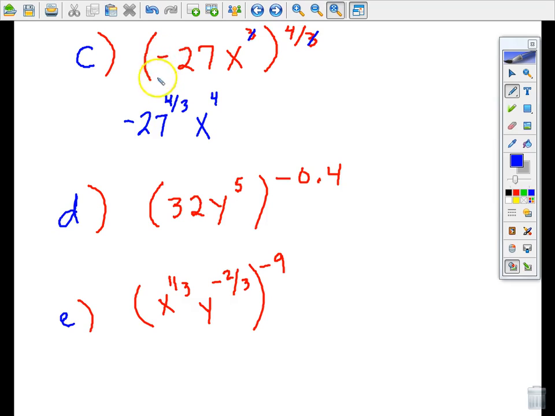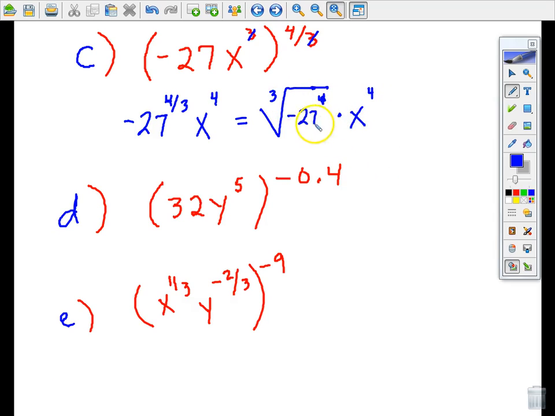Okay, let's see. Sydney, can you give me the radical form of negative 27 to the 4/3? Nice. It's the 4th.